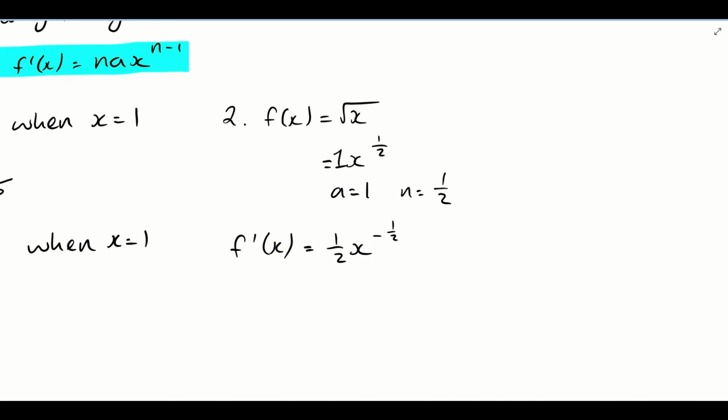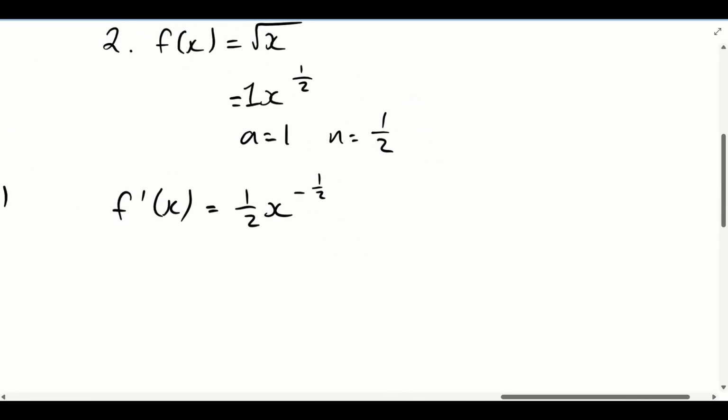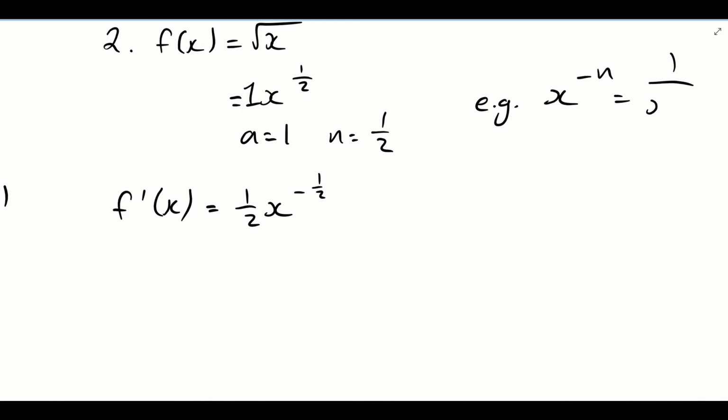Now, is there a nicer way we could write this? The answer is yes. We know that anything to the power of a negative indice is 1 over that to the positive indice. So x to the power of minus n is equal to 1 over x to the n.